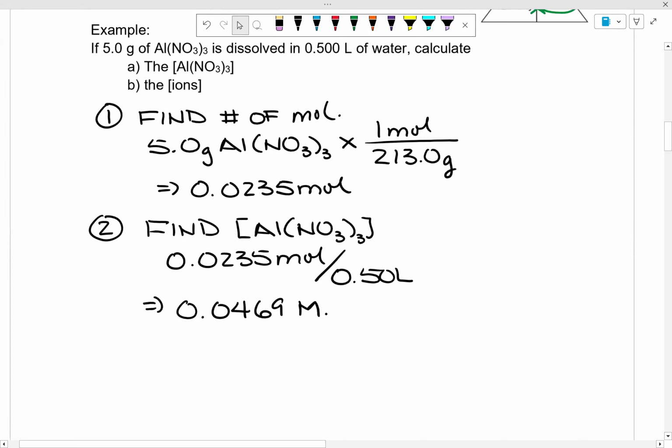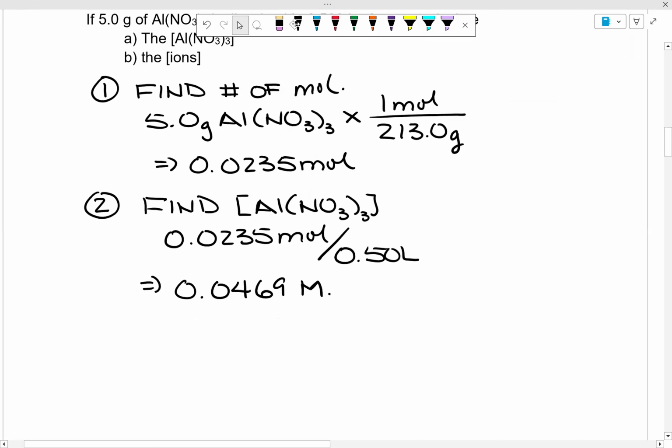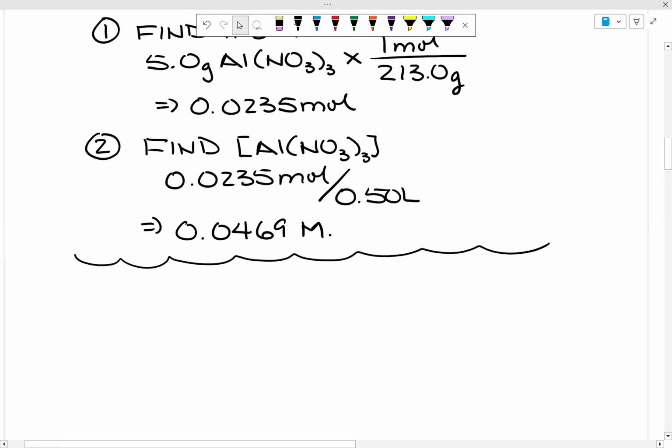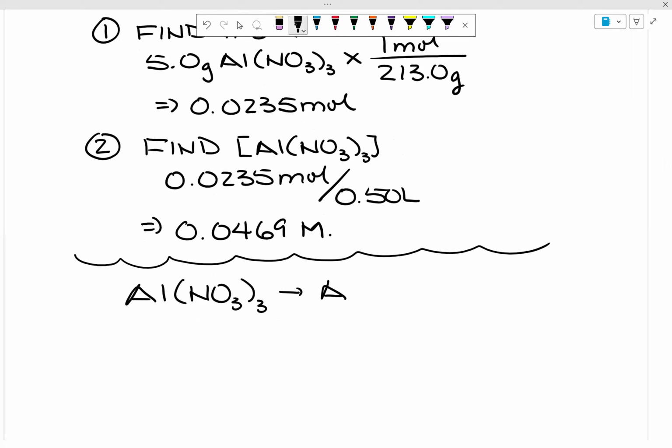Now, when they want the concentration of ions, you know that aluminum nitrate is an ionic solid, so we write the dissociation equation. Aluminum nitrate, Al(NO3)3, breaks apart into aluminum 3+ and 3 nitrates. This gives us the mole ratio.